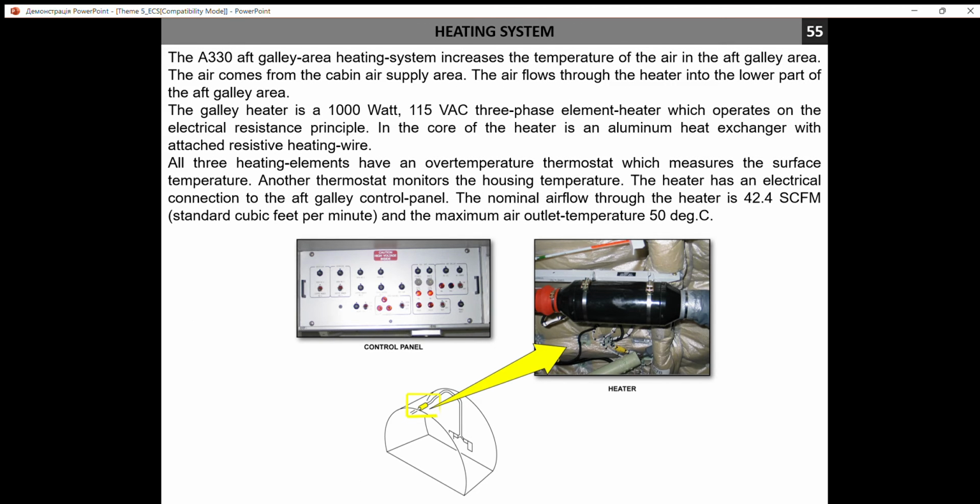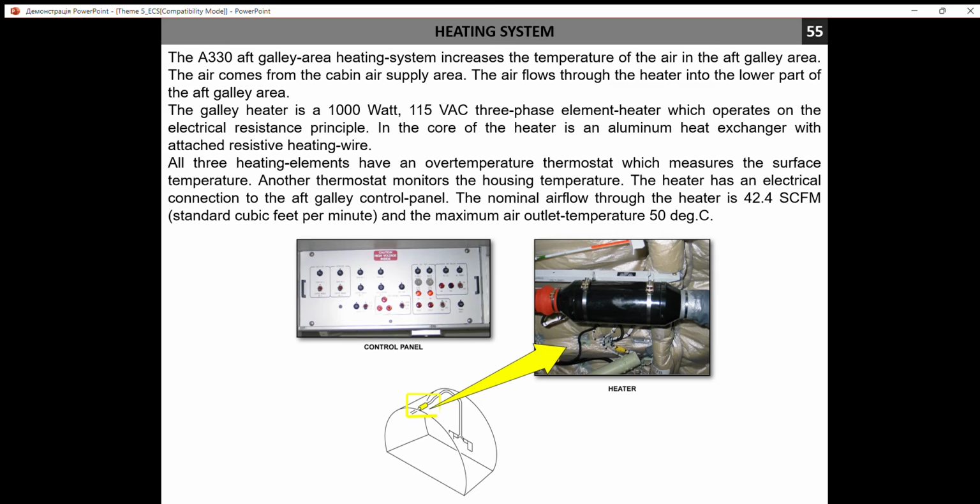Then, for some special zones in the aircraft, as an example the galley area of the Airbus 330, you may find an additional heating system. Its function is to locally increase the temperature of air in the aft galley area, and we use it for protective means.